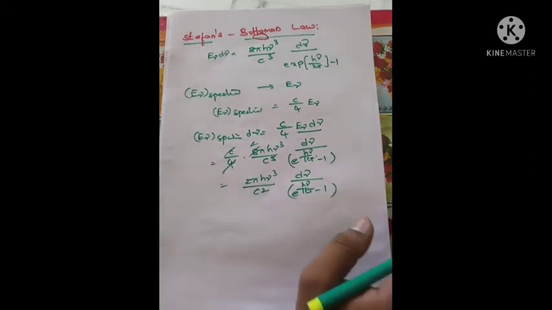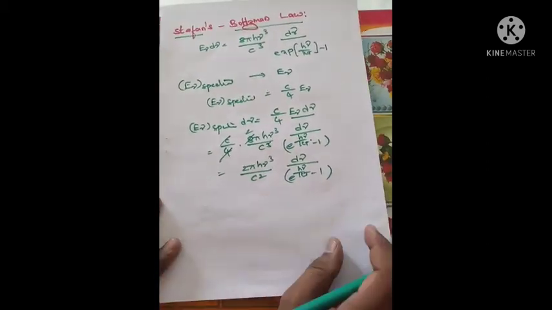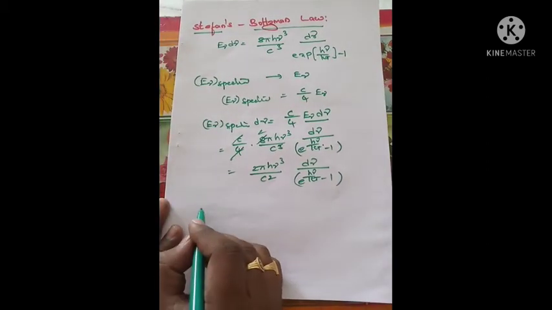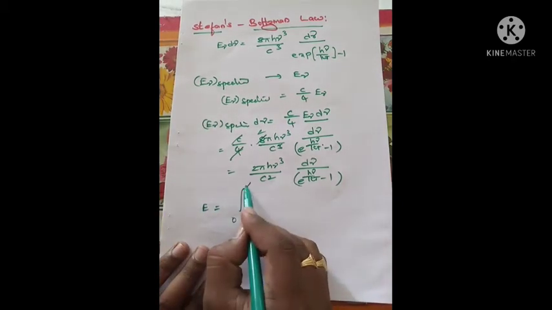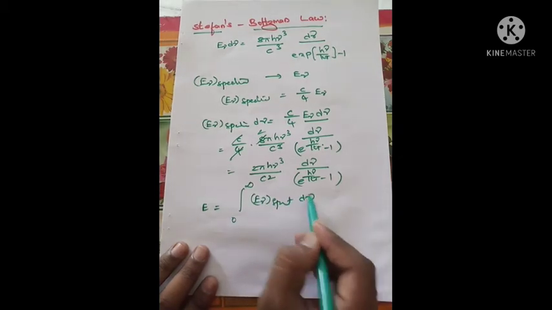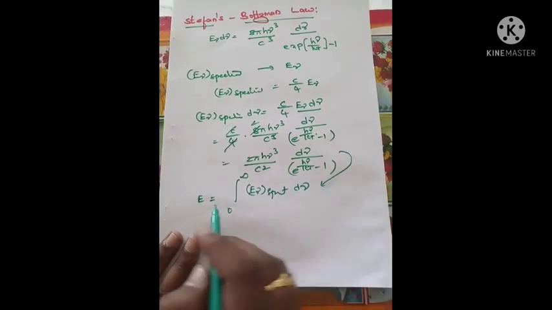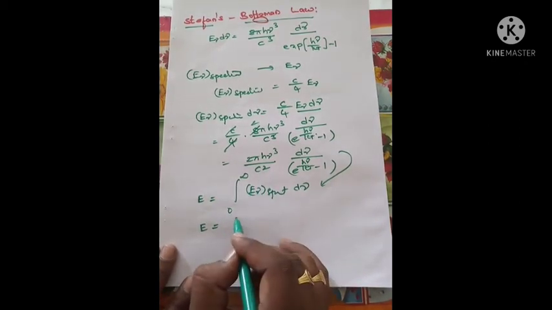All right, so total radiant energy. How can we get total radiant energy? Total radiant energy E can be written as E equals integral 0 to infinity of E nu spectral d nu. Now substitute this here.